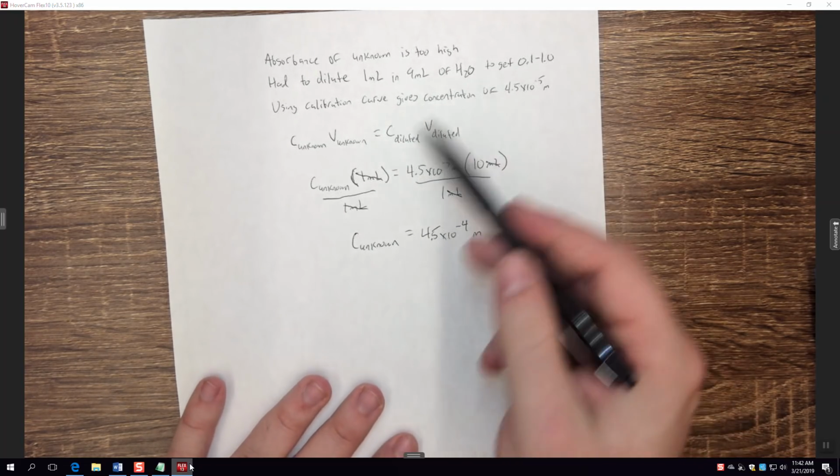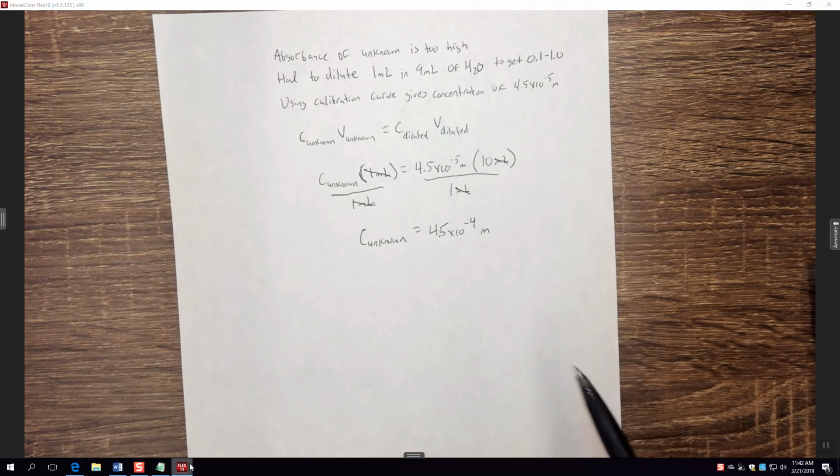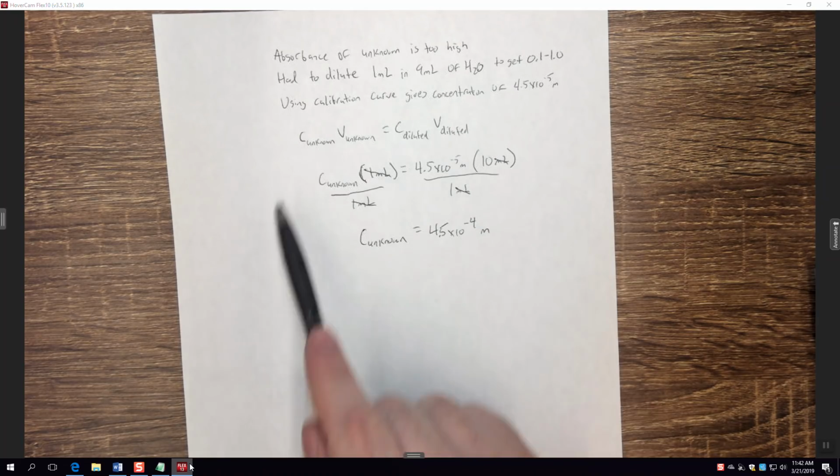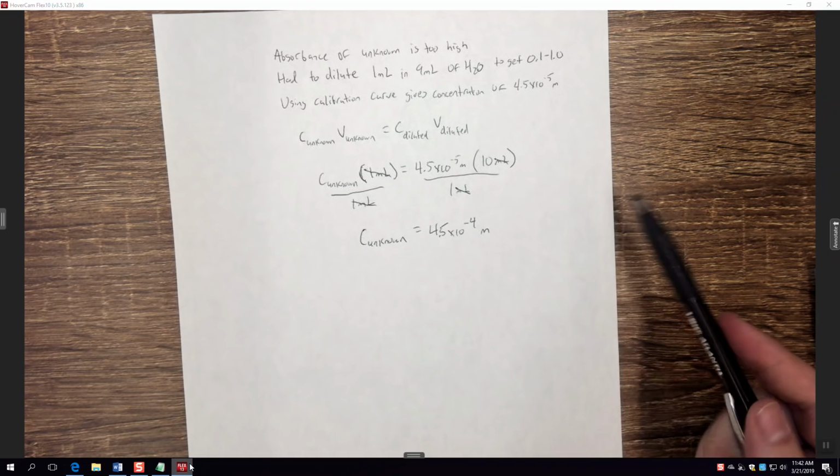So it's important that you're able to do this because you need to report based on the concentration of the actual unknown solution provided in the lab, not the concentration of whatever sample you actually measure that ends up on your actual linear range.